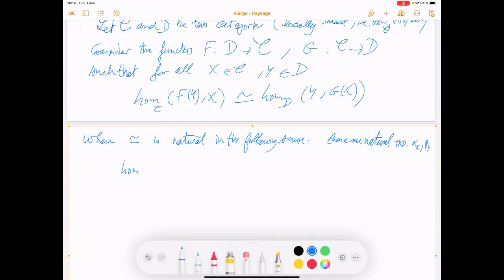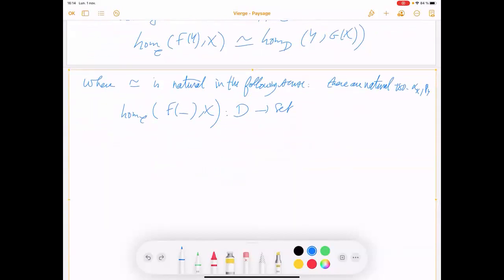you have the functor F x from D to Set, the functor taking an object of D. You put an object of D here, and what you get is a Hom set, so it's a set.